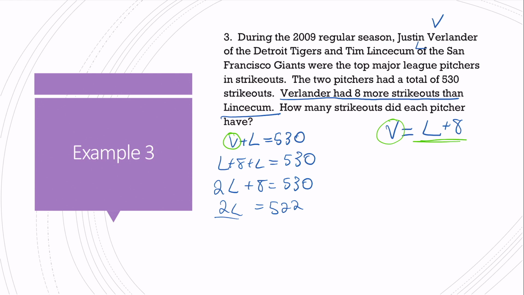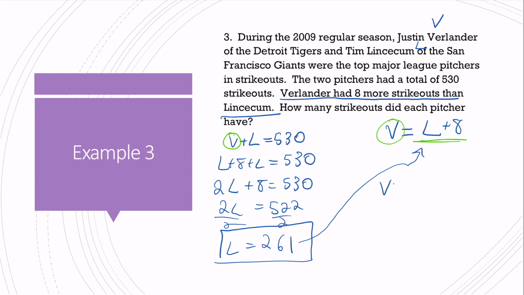So if I divide both sides by 2, L is 261. So Lincecum had 261 outs. But I also need to know how many Verlander had. So I can substitute this back in to find out that Verlander had 269. Perfect.